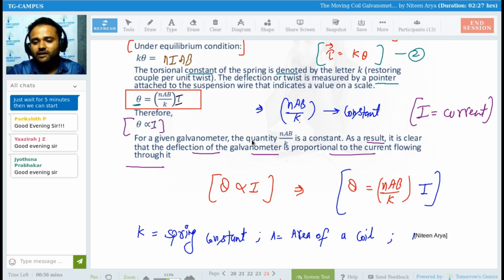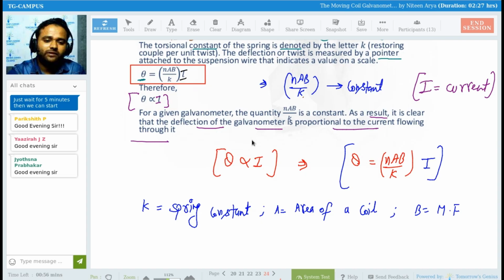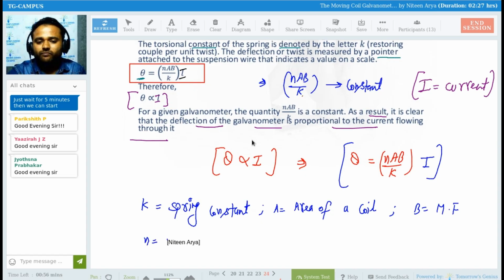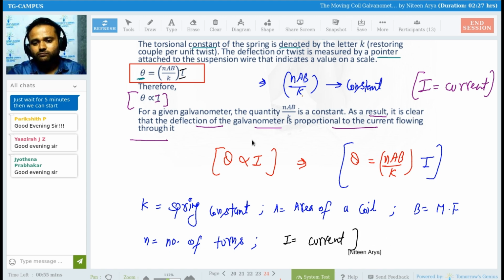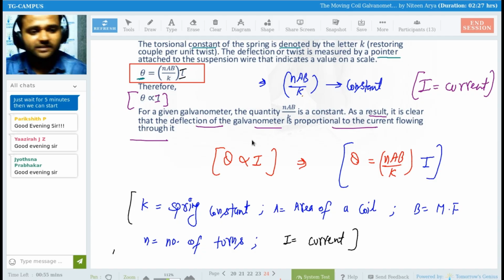Okay, then I can write B also, magnetic field, and number of turns. What remaining? I. I is the important thing. I, current. Okay. So this is your important relation. Is this clear, everyone?